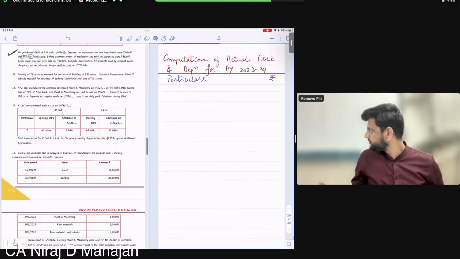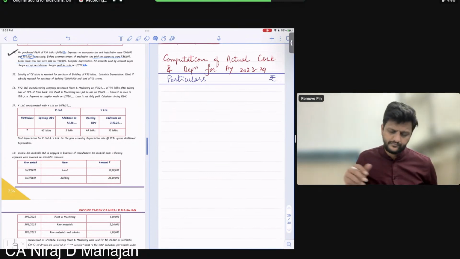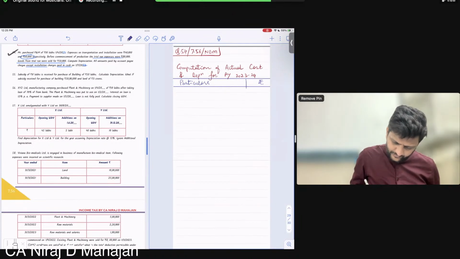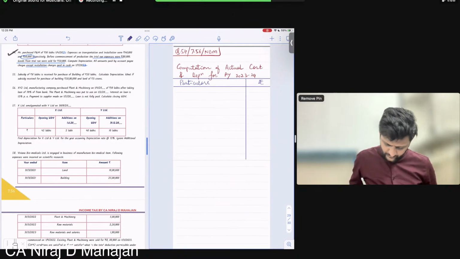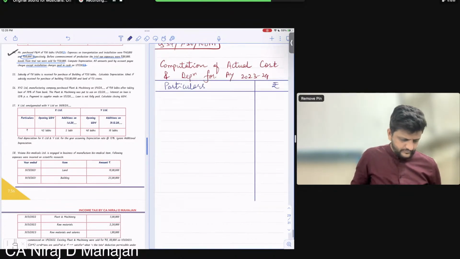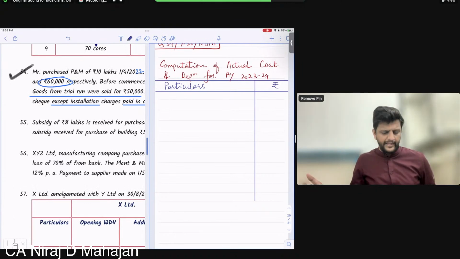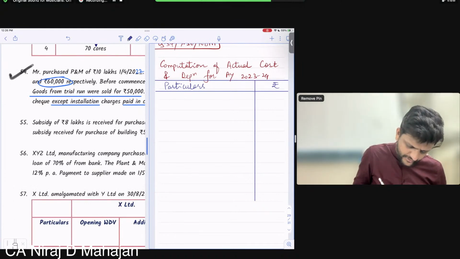Fine. So, the invoice price is how much? Invoice, the normal of the basic plant and machinery, 10 lakhs, okay? So, I'm just writing cost of plant and machinery. 10 lakhs.